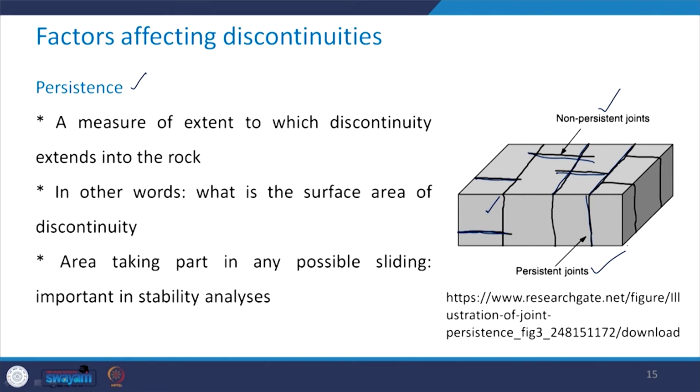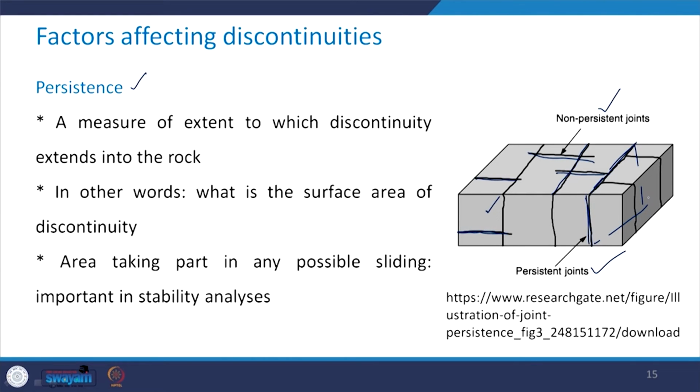So in other words, this signifies the surface area of the discontinuity. You see that in this case, the surface area of the discontinuity will be something like this. Okay.